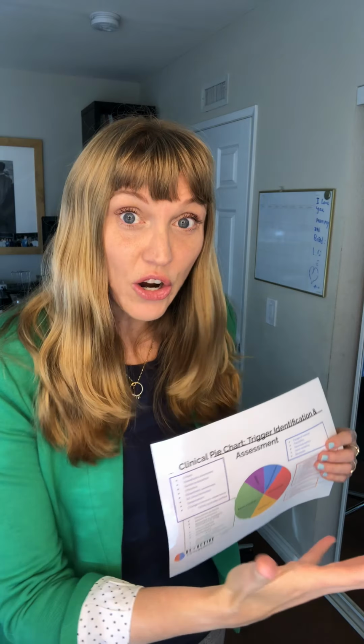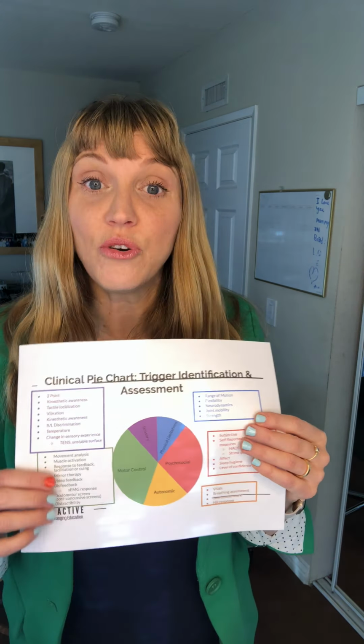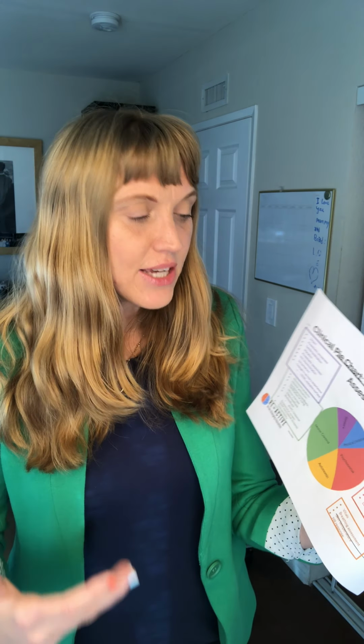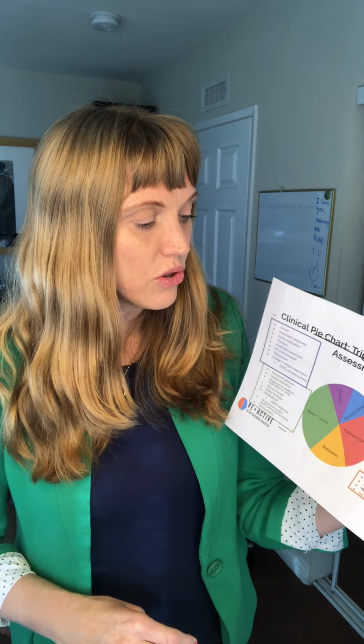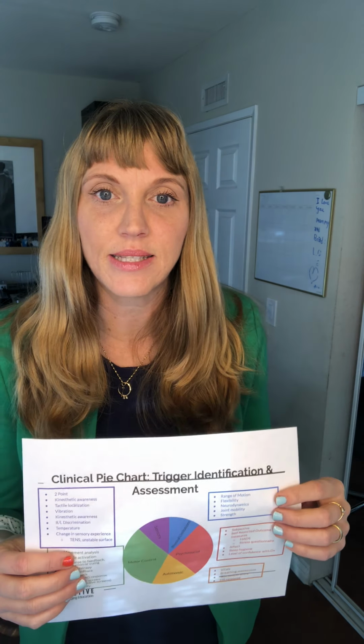So this is our pie chart. We start with theirs, what is their understanding, but we need to move into ours. And in particular with the complex disorders, we're going to look at all of these pieces: motor control, sensation, those underlying physical limitations, some of the psychosocial pieces, the autonomic pieces.